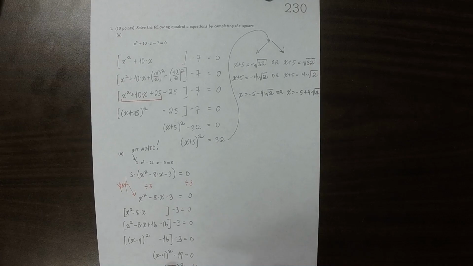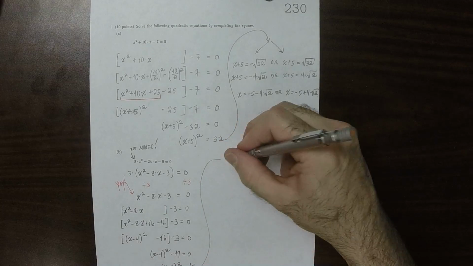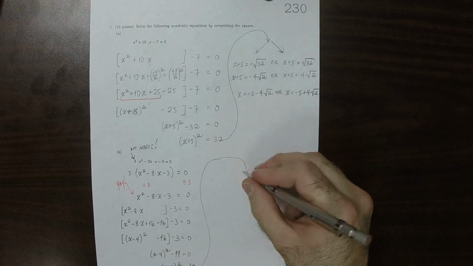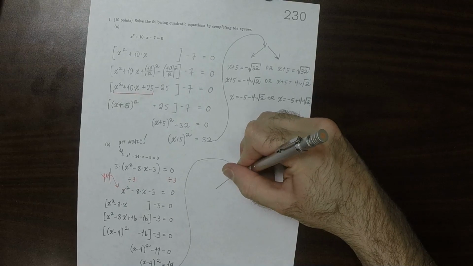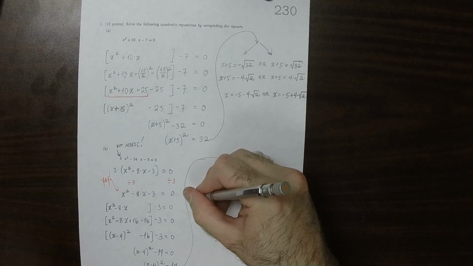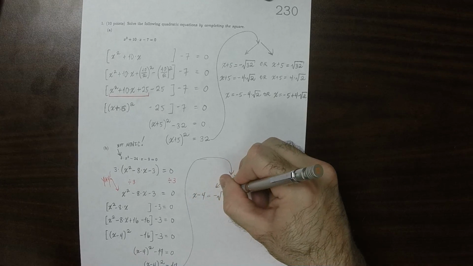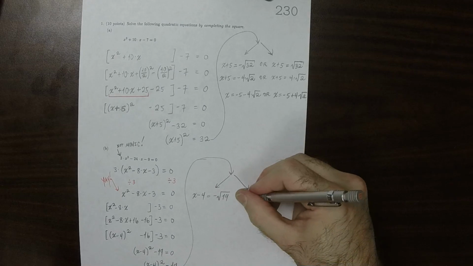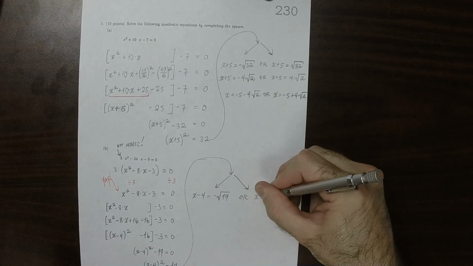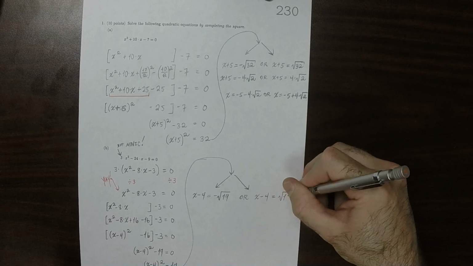So now we want to know, is there something that squares to 19? Sure, the square root of 19, or negative square root of 19. So the possibilities split: x minus 4 could be negative square root 19, or x minus 4 could be the square root of 19.